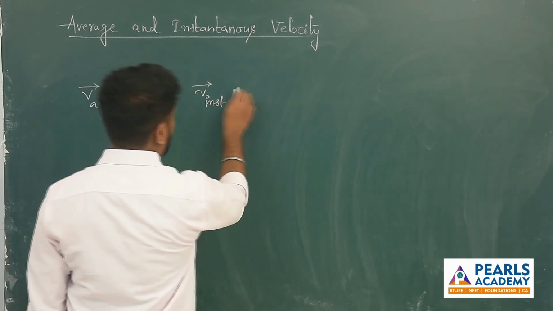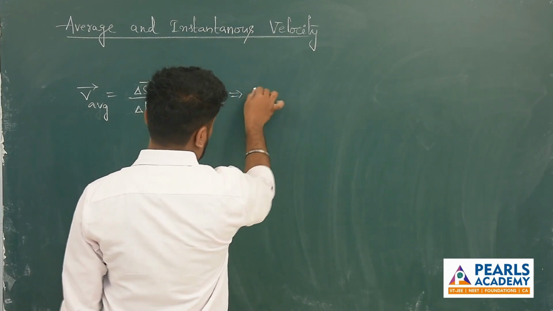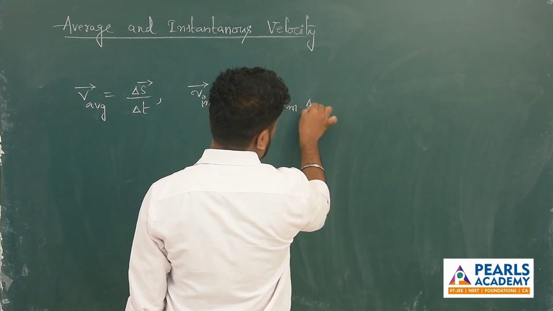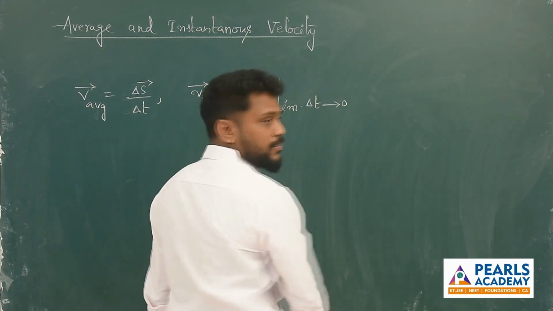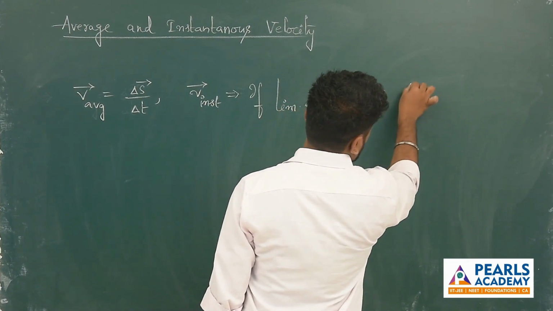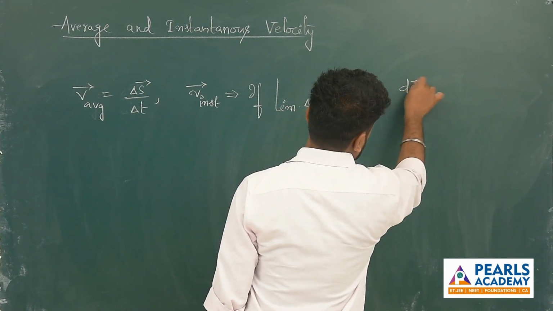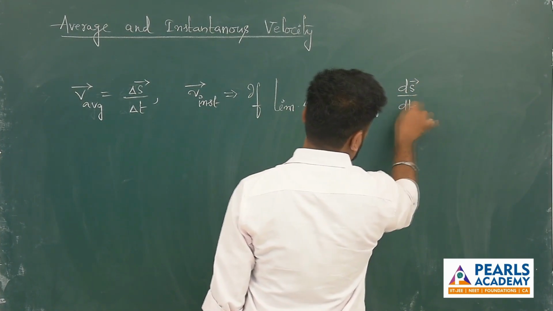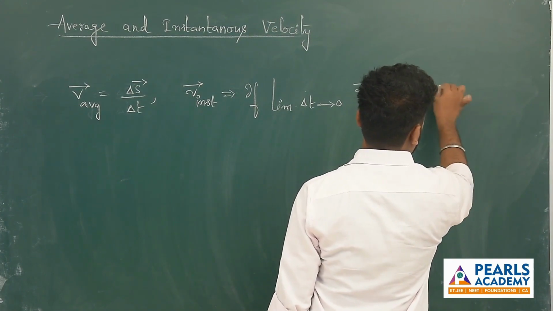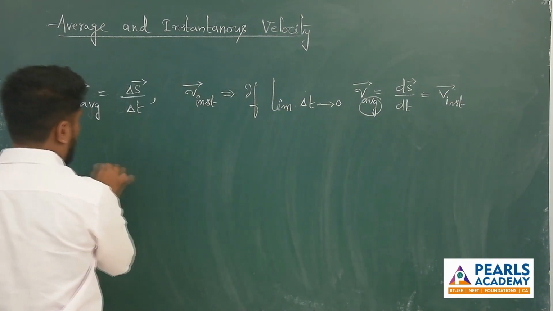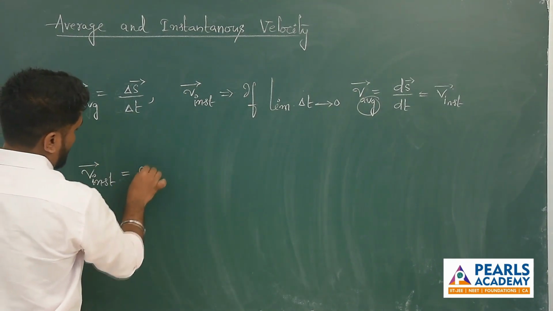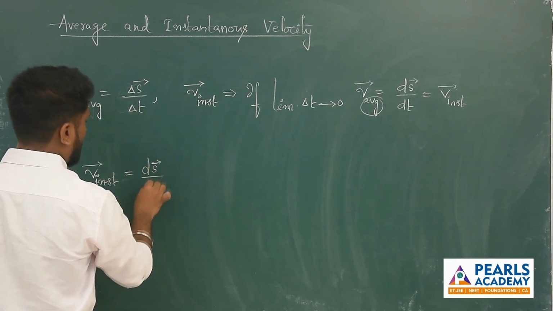If the limit of delta t is tending to zero, then average velocity becomes ds by dt, which is actually known as instantaneous velocity. So the expression for the instantaneous velocity is ds by dt.